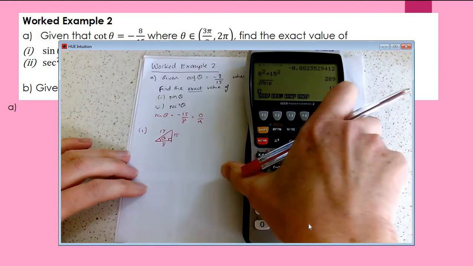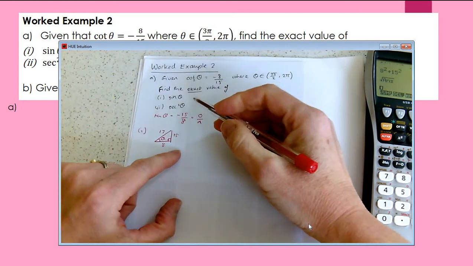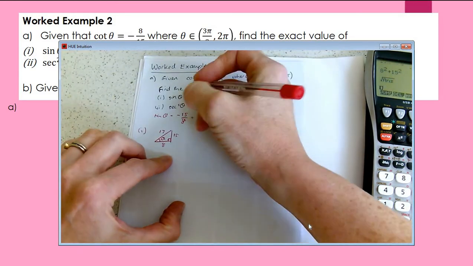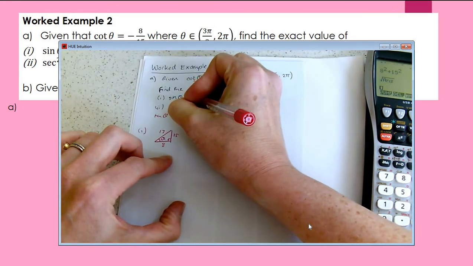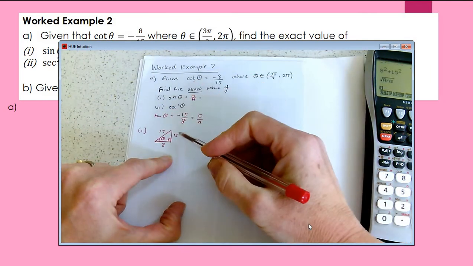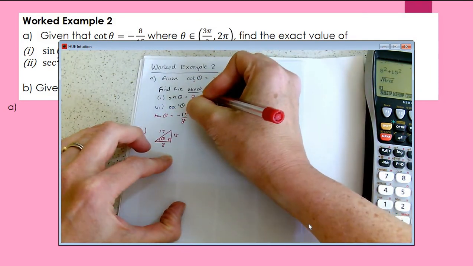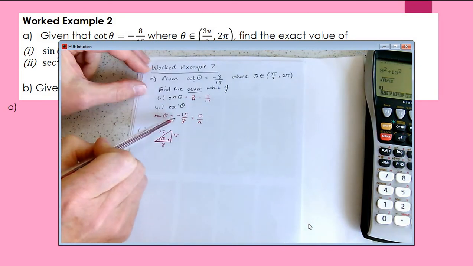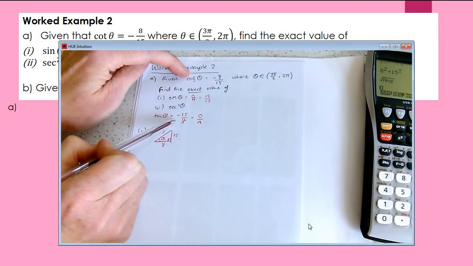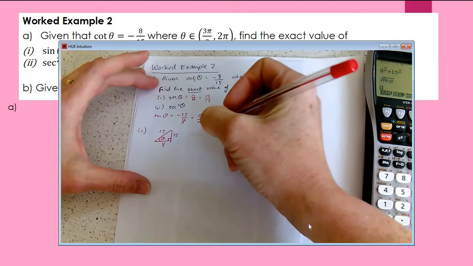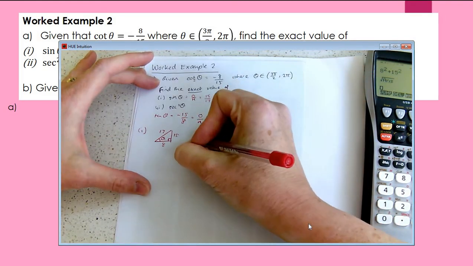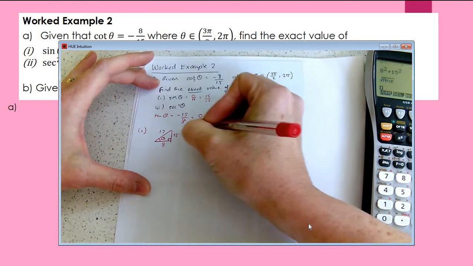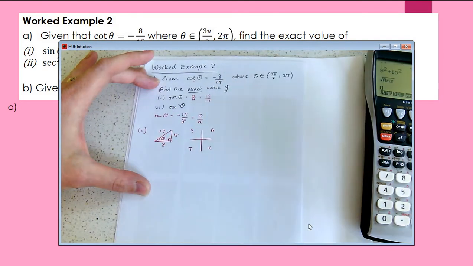Brilliant. Now to get sine, I know that would be opposite over hypotenuse, which would be 15 over 17. However, tan was negative, because cot was negative. So let's have a look in our CAST diagram, because the CAST diagram is where we find out what's positive and what's negative.